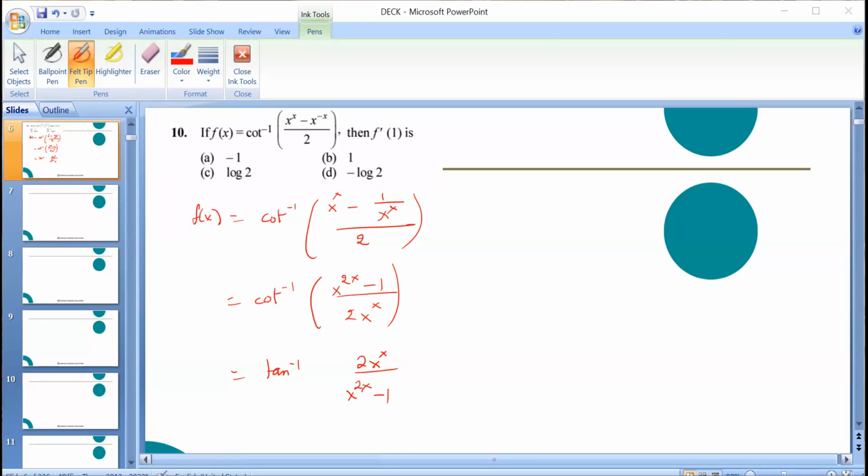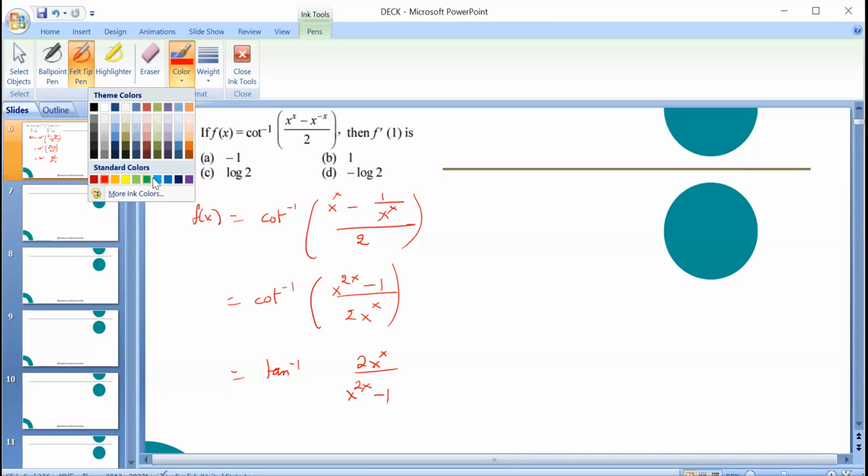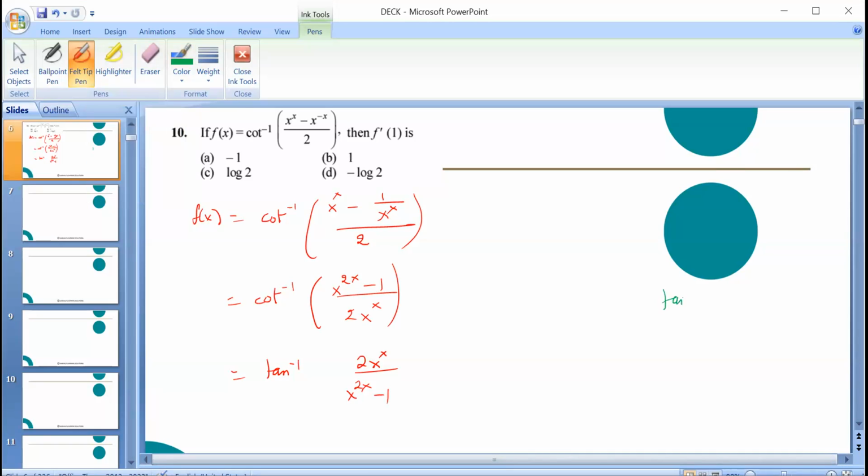It is nothing but looking like a formula, tan 2a is 2 tan a by 1 minus tan square a. Only thing is here it is tan square a minus 1. That means we are assuming a as x power x.